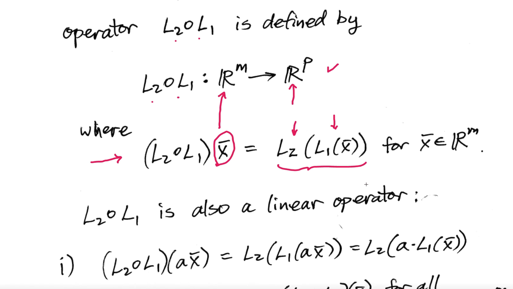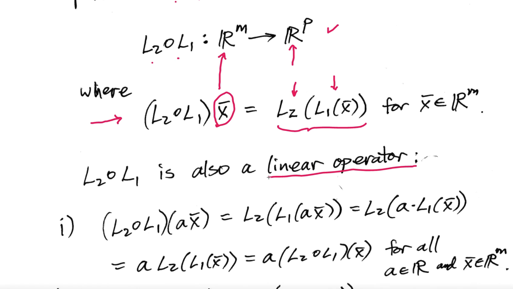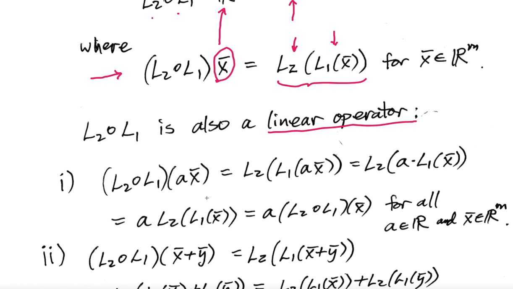Now I claim this is also a linear operator. The composition of linear operators is a linear operator, or linear transformation, if you like that word better. Let's prove it. L2 composed with L1 of a times x, where a is an arbitrary scalar and x is coming from R^m. This actually means L2 of L1 of a x.